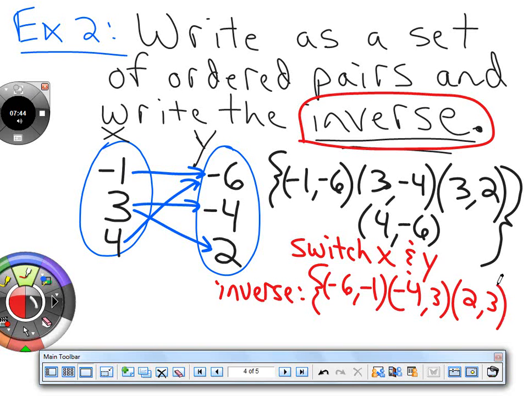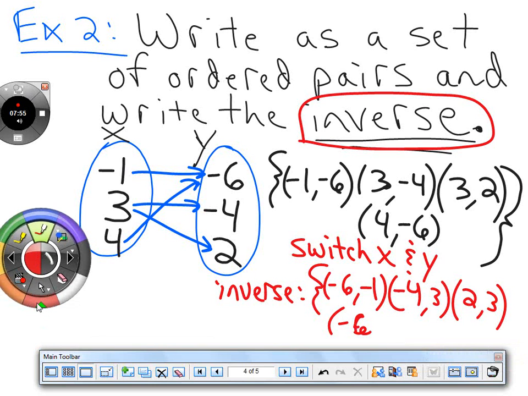And then negative 6, comma 4 is what that's supposed to be. It's a little tough to read now. That's a negative 6. Alright? So all you do is switch your x's and your y's.